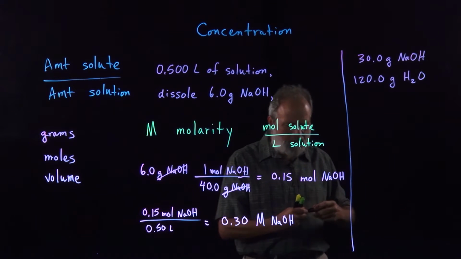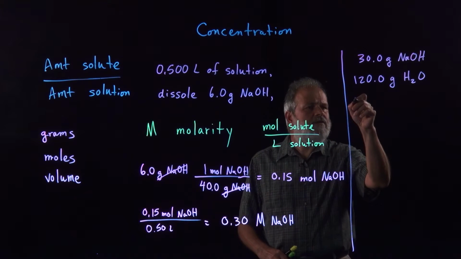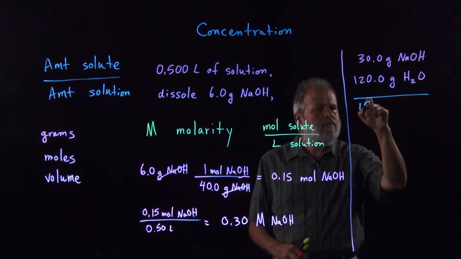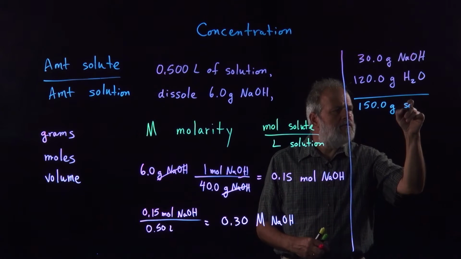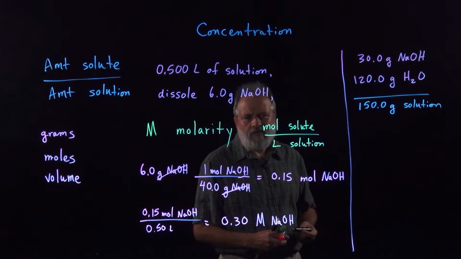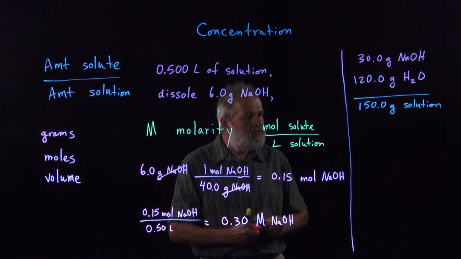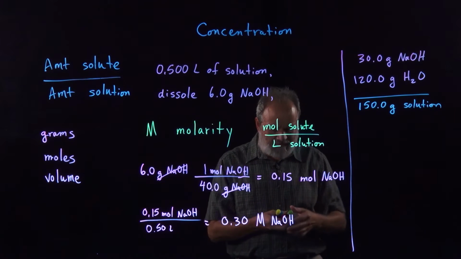Now, the first thing you have to know is the total amount is 150 grams of solution, because the weights of the two individual components will simply add up to the total weight of the solution.